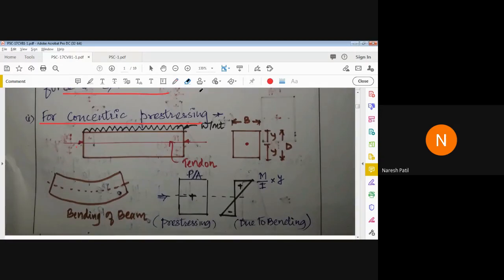And here, see, this is Y. This is the location of the centroid of the section from the top fiber and from the bottom fiber, which is called Y. Because it is a rectangular section, the centroid is in the center. So Y and Y we get exactly in the same line. Okay.